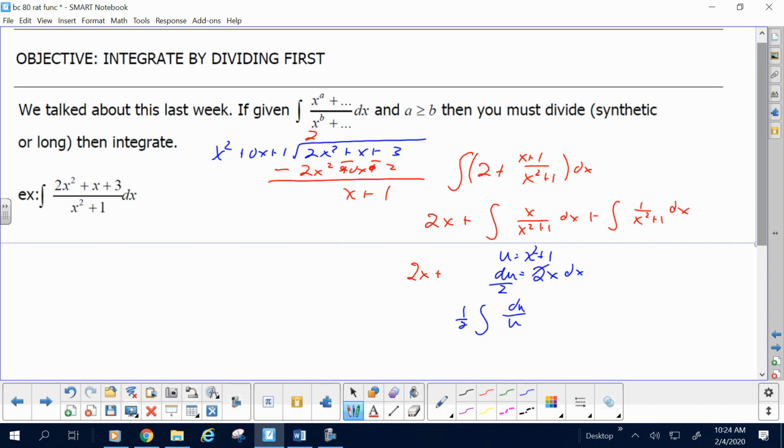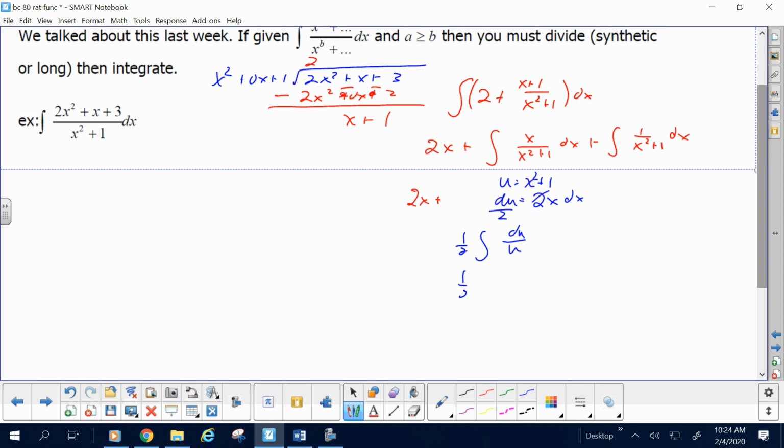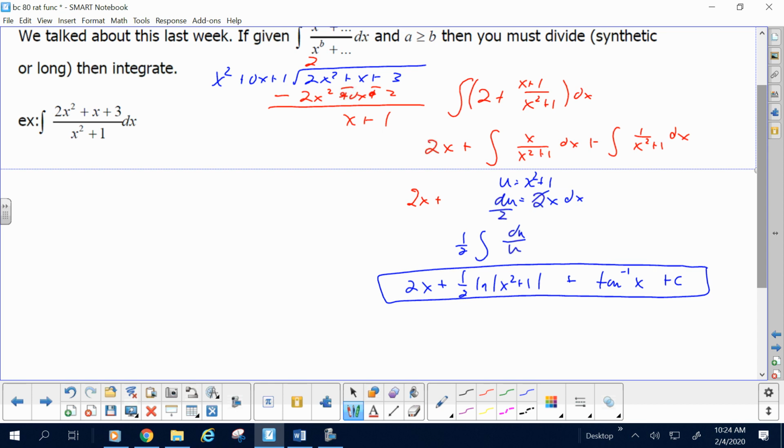And so eventually 1/2 natural log of the absolute value of x squared plus 1. All right, what about the antiderivative of 1 over x squared plus 1? Arctangent. Okay. A lot of integration skill in there to be seen or measured. All right, cool. Let's go on to the other idea.